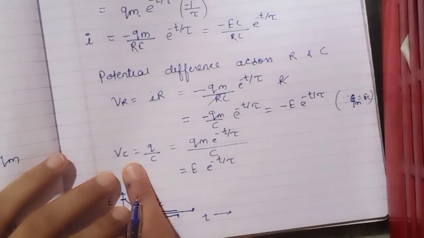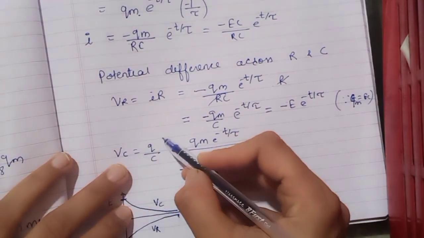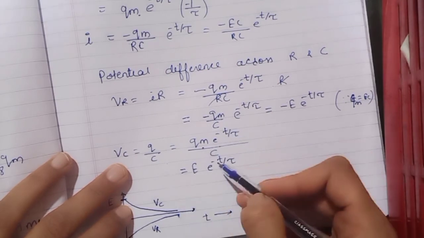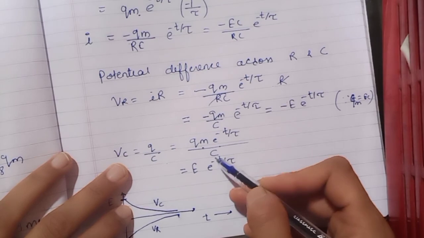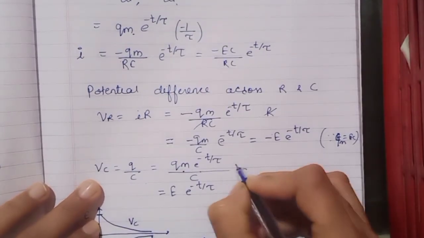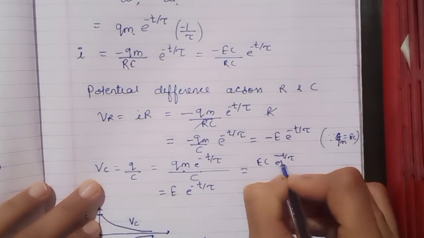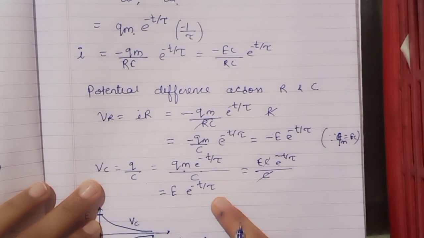Similarly, if we calculate the voltage across the capacitor, Vc equals Q by C. Q is Qm e raised to minus t by tau upon C. Qm is EC, so EC upon C, the C's get cancelled, and I get E e raised to minus t by tau.